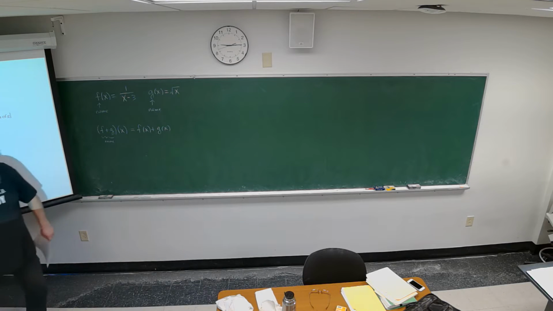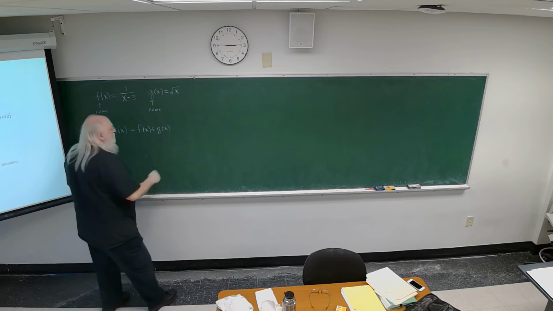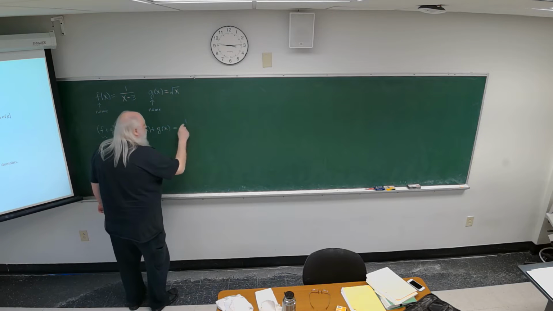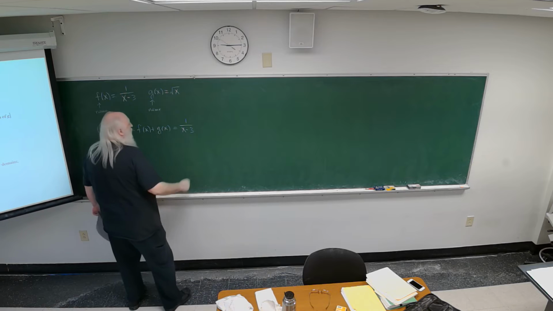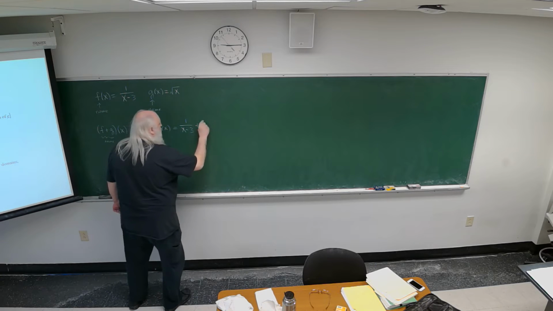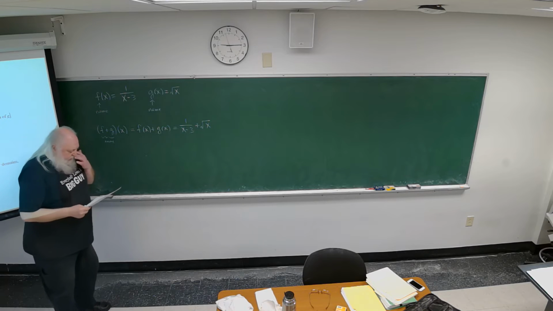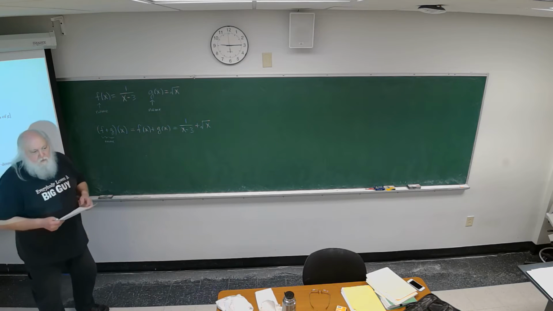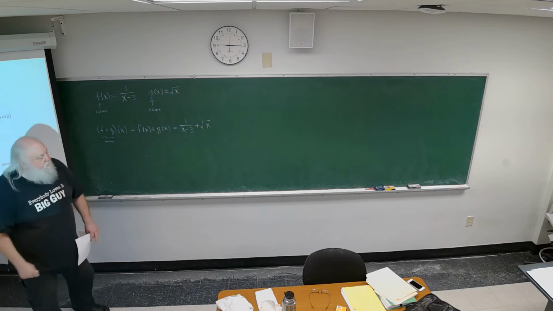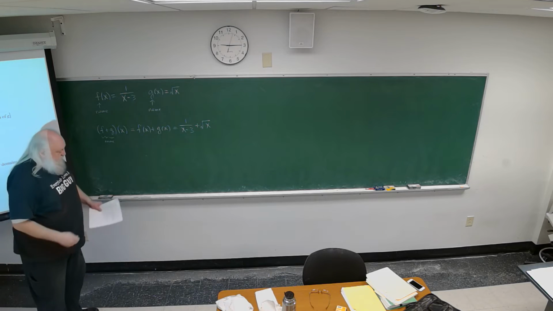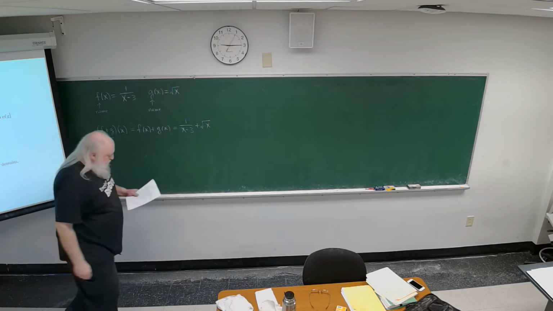Well, f of x in this case is equal to 1 over x minus 3, and g of x is equal to the square root of x. Now space is kind of limited, so don't write really big; we want to write small.